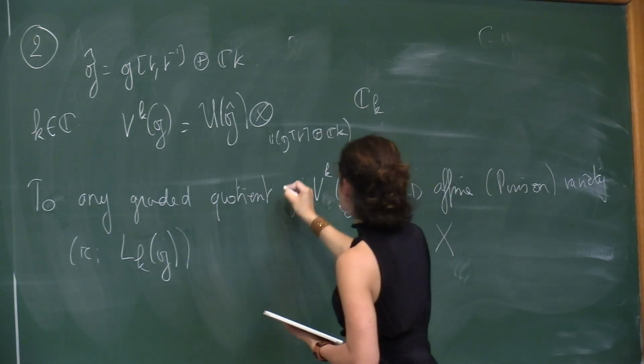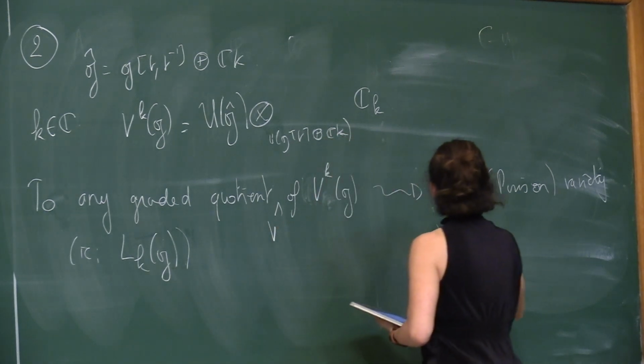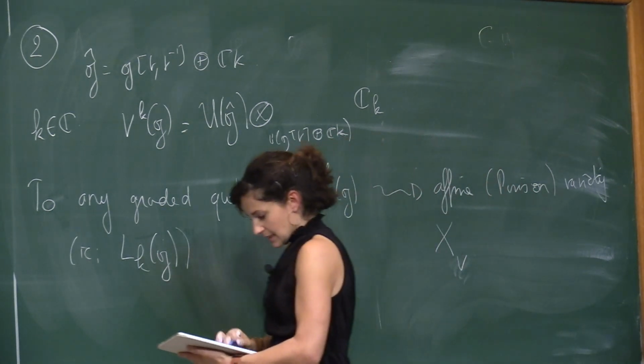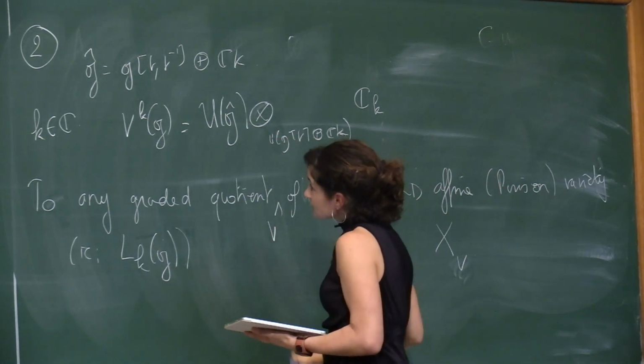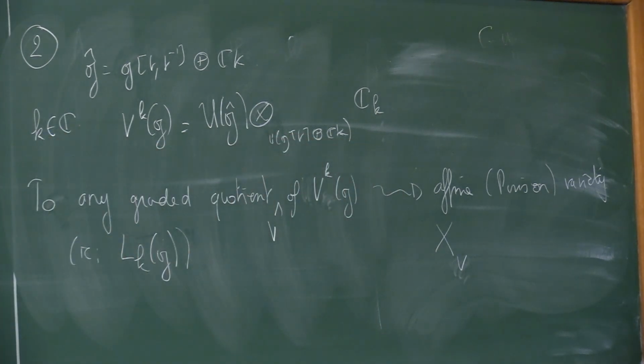To any graded quotient, let's say V, that I denote XV. So let me explain the definition, the construction in this setting.